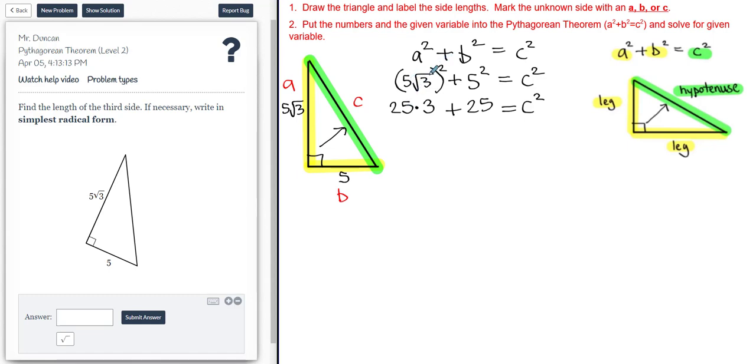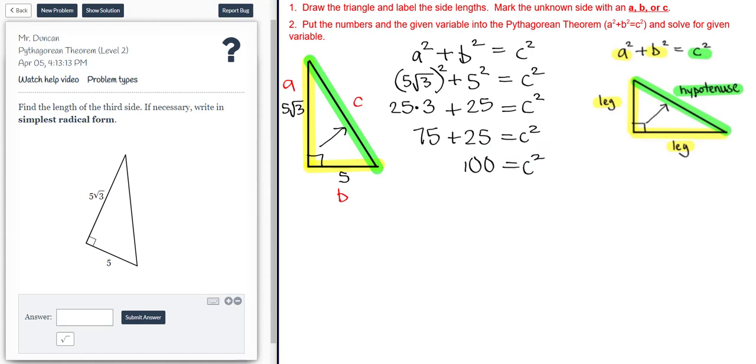The square of the square root of 3 is just 3. Again, they cancel each other out. So now I've got 25 times 3 plus 25 is equal to C squared. We have to multiply before we add. So 25 times 3 is 75, plus 25 is equal to our C squared. 75 and 25 is 100.